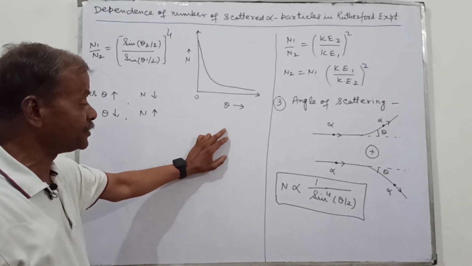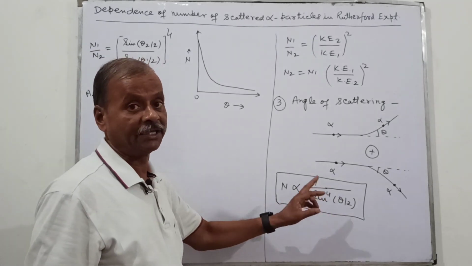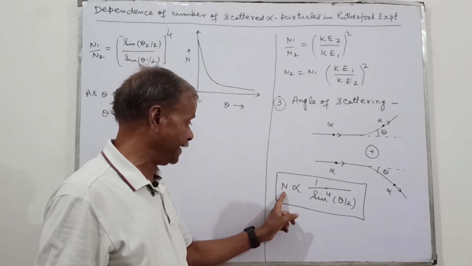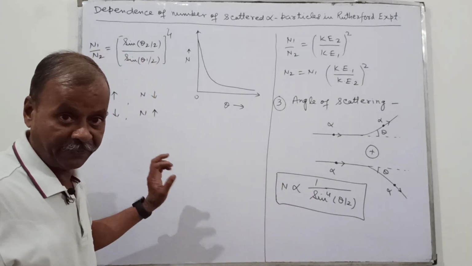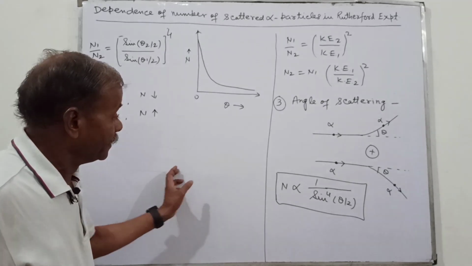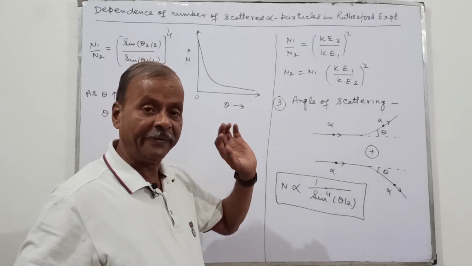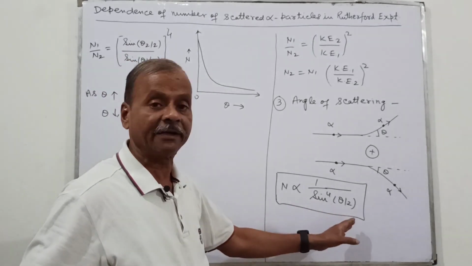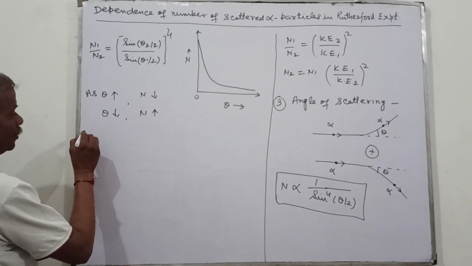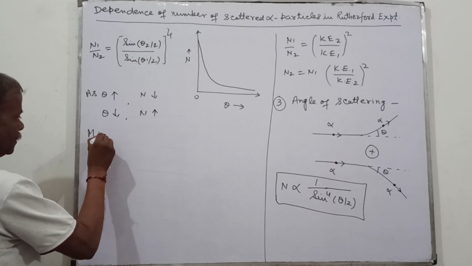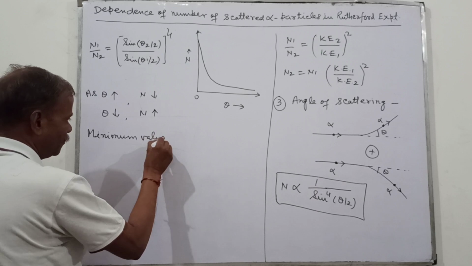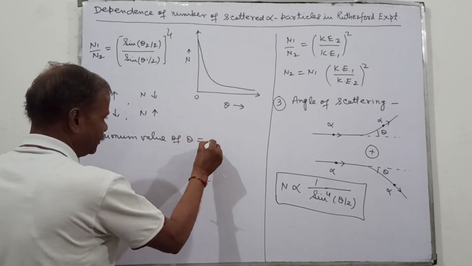We can see from here that if theta is equal to 180 degrees, then theta by 2 is pi by 2 and sin pi by 2 equals 1. So n has some value, the least value. The minimum angle of scattering may be 0 and the maximum angle of scattering may be 180 degrees. Firstly, the minimum value of theta is equal to 0 degrees.